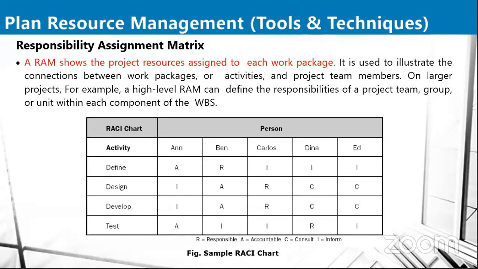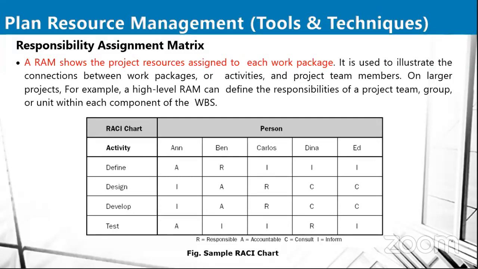Then in the activity column, you're going to see define, design. You can put the tasks there. Then under Anne, you have A, which is accountable. That means Anne is accountable for that task. Under design, on Anne, you're going to see I, which is information. If you need more information on that particular task, meet Anne. Anne will be able to give you that information.